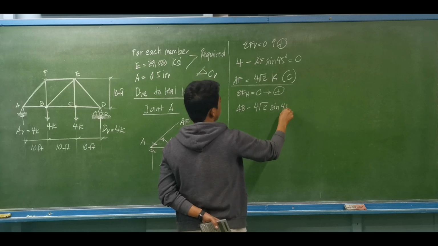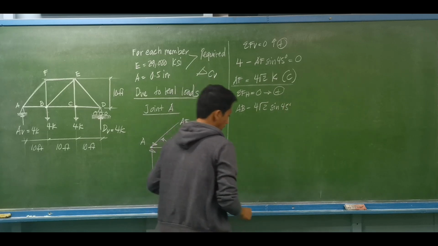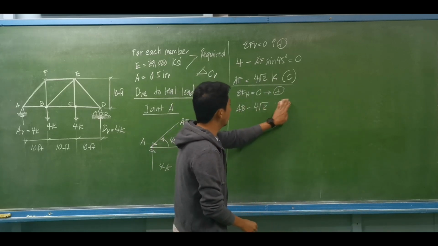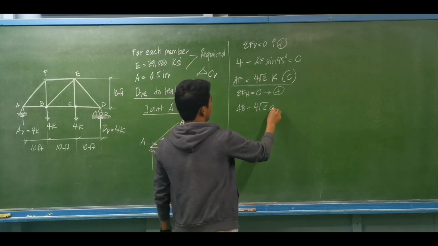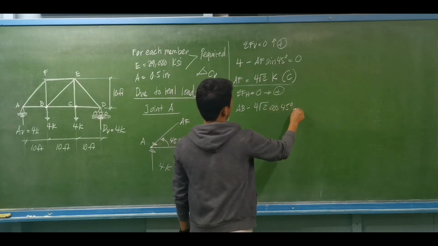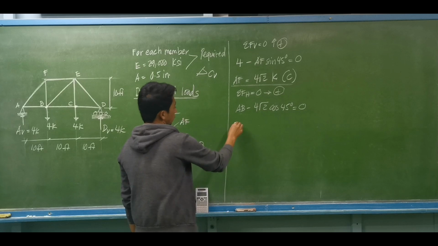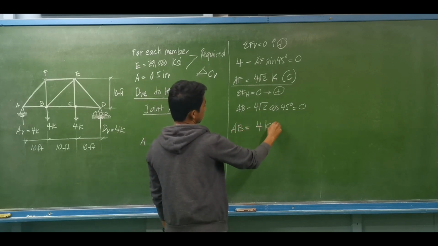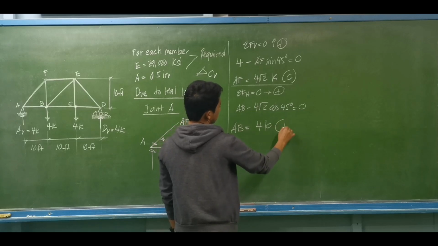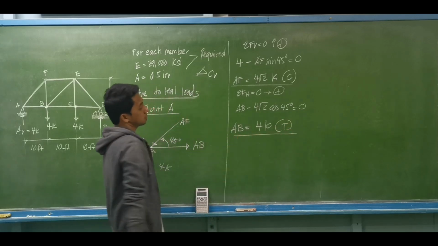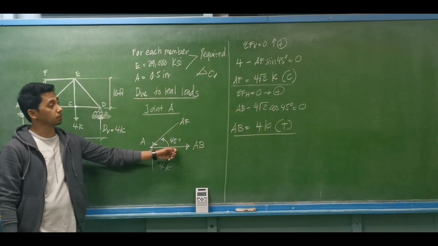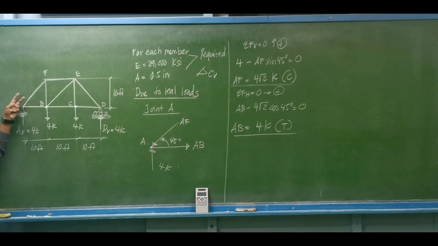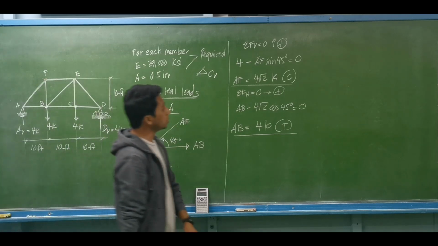We may use sine or cosine, since at 45 degrees they are the same. So the magnitude of AB has the same magnitude of components, 4 kips, but under tension. So we have those two members. We may proceed to joint F.